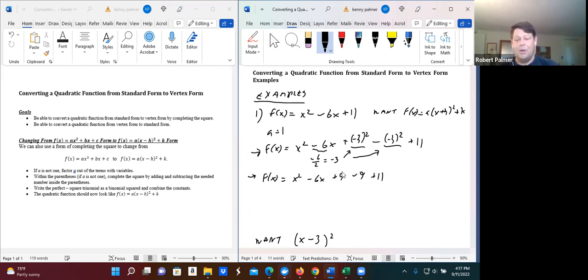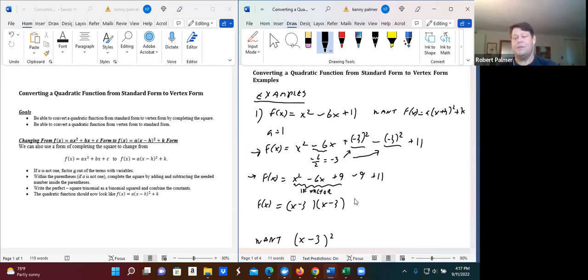Now here, you want to resist the temptation to just combine things the way they are. Otherwise, you'll be right back where you started. We don't have to factor it, but if you factor this part right here, what you'd have then would be f of x equals, you factored it, x minus 3 times x minus 3.